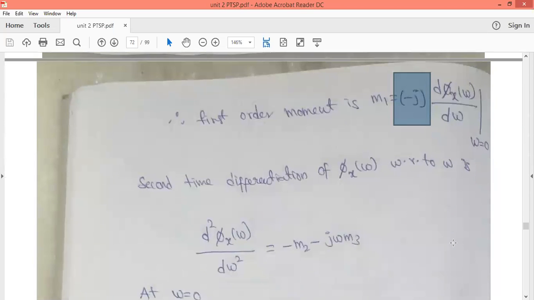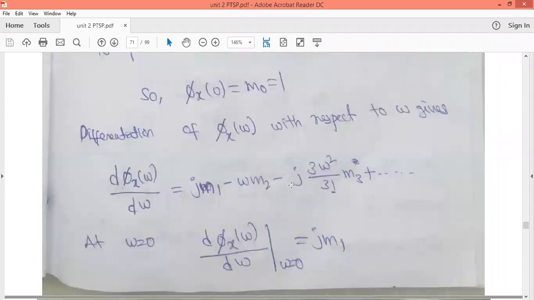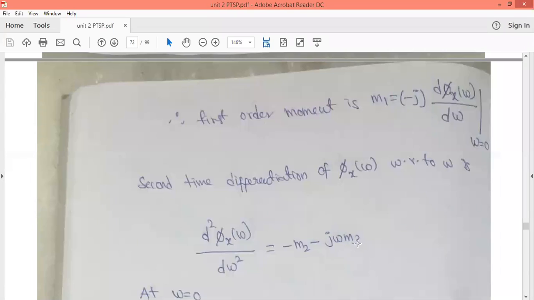Now second time, if you differentiate with respect to omega, what is the term we get here? This term will become 0. We have minus m2 minus j omega m3. We'll be having this term, yes or no?